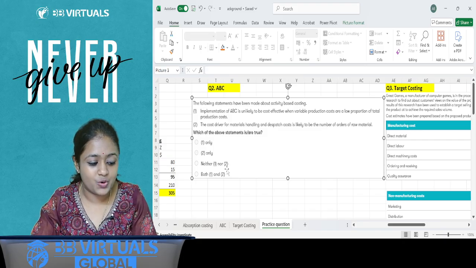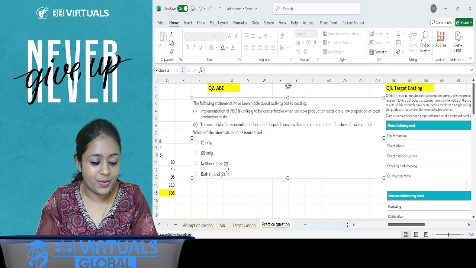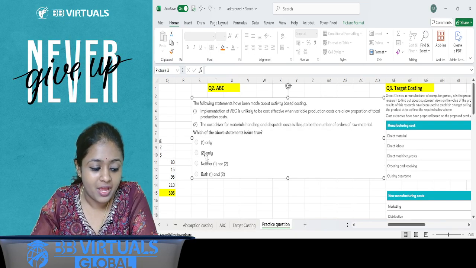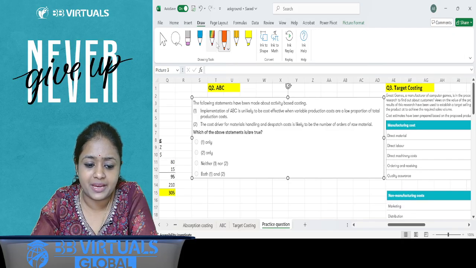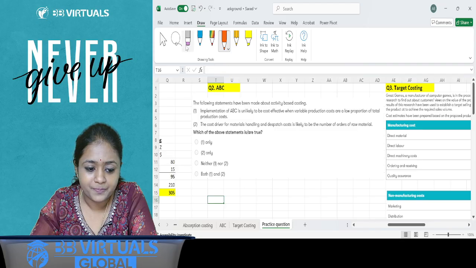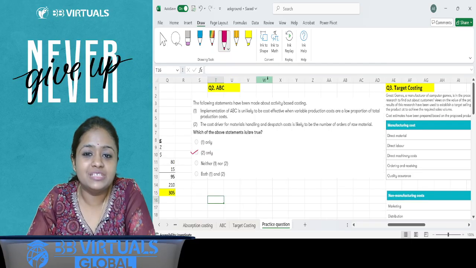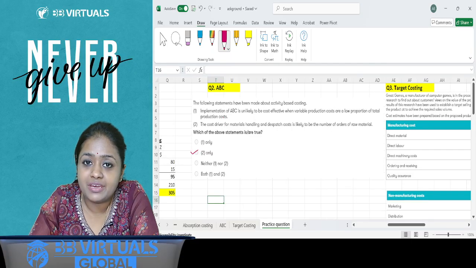Okay, then let's go ahead and discuss it. Yes, the correct answer would be only option number 2. Now, why would only option number 2 be correct? Let's think. Because of the statement that is given here.